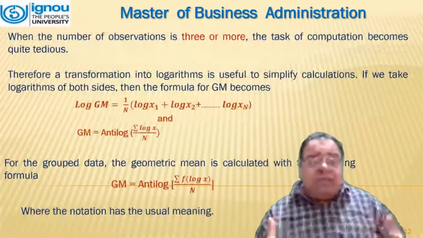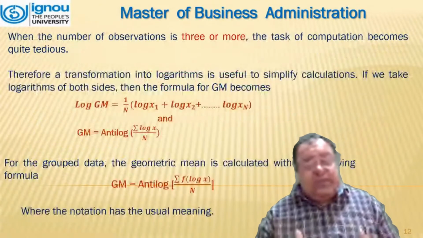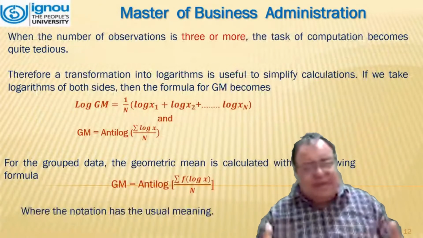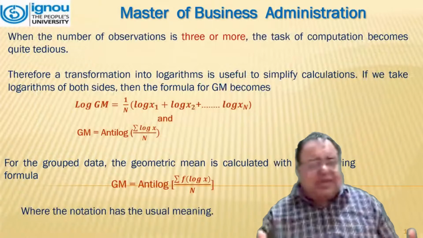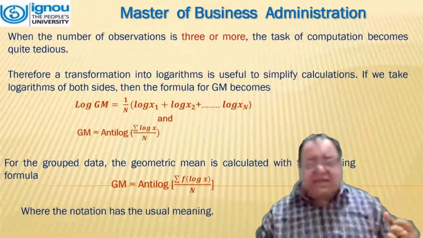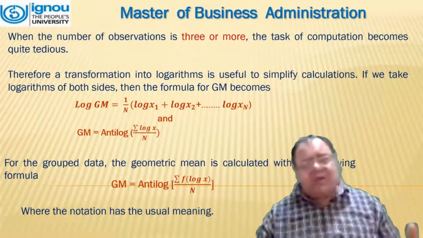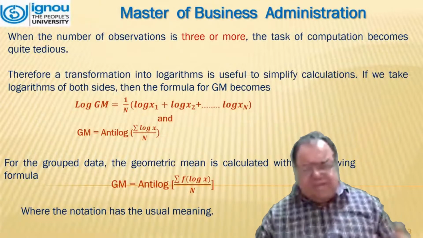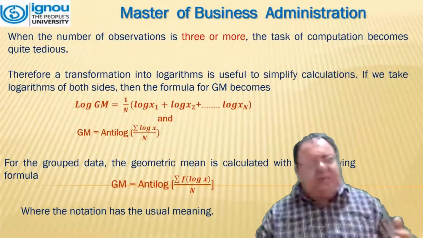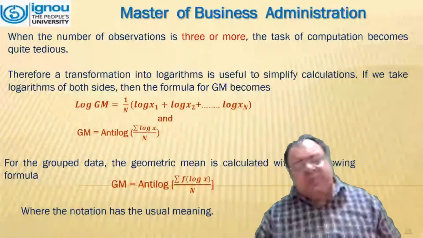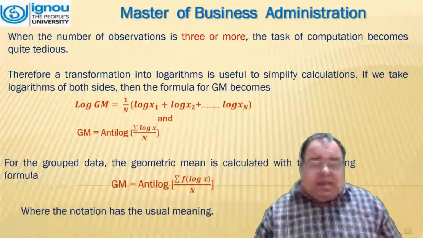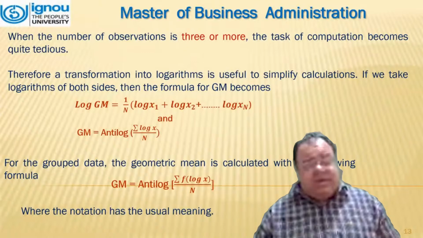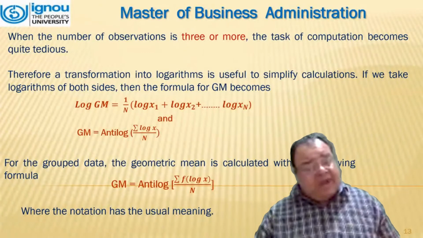When the number of observations is 3 or more, the task of computation becomes quite tedious: multiplication and then finding the nth root. So in that case, to make calculations simpler, we take the help of logarithm. A transformation into logarithm is useful to simplify calculation.